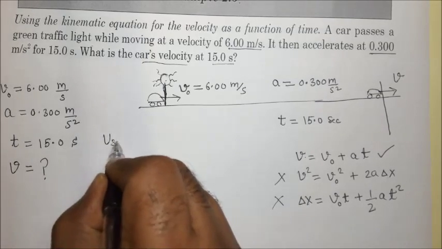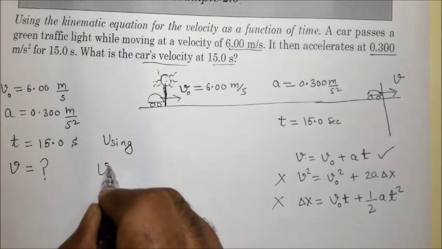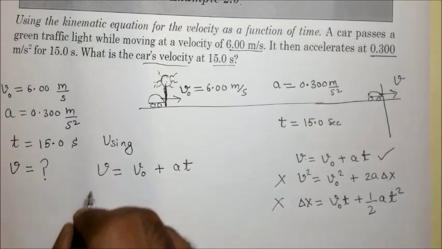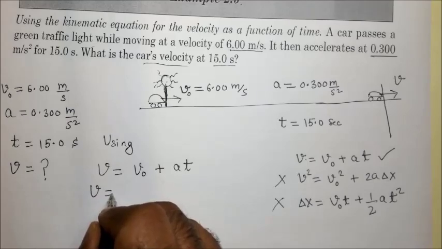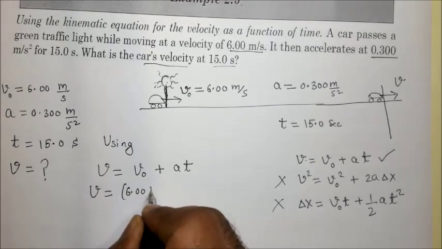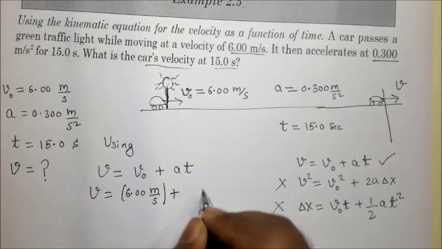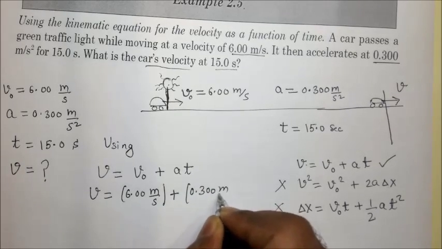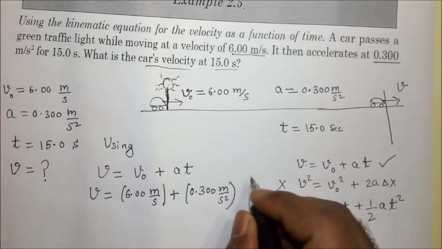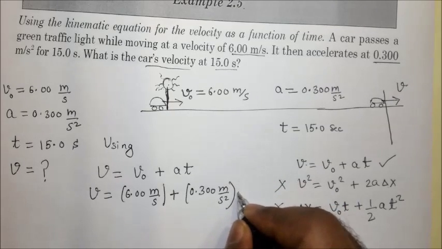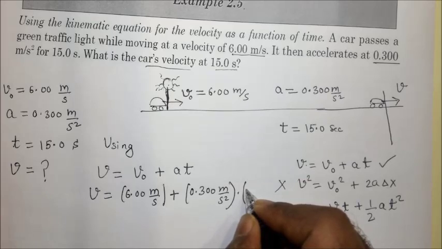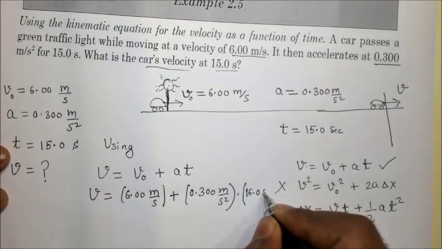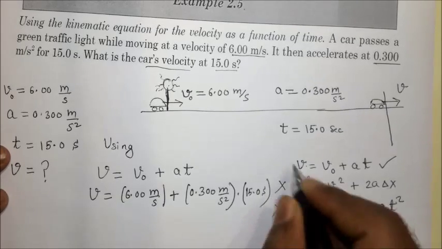So using V final is equal to V initial plus at, you get V final is equal to 6.00 meter per second plus 0.300 meter per second square times 15.0 second.